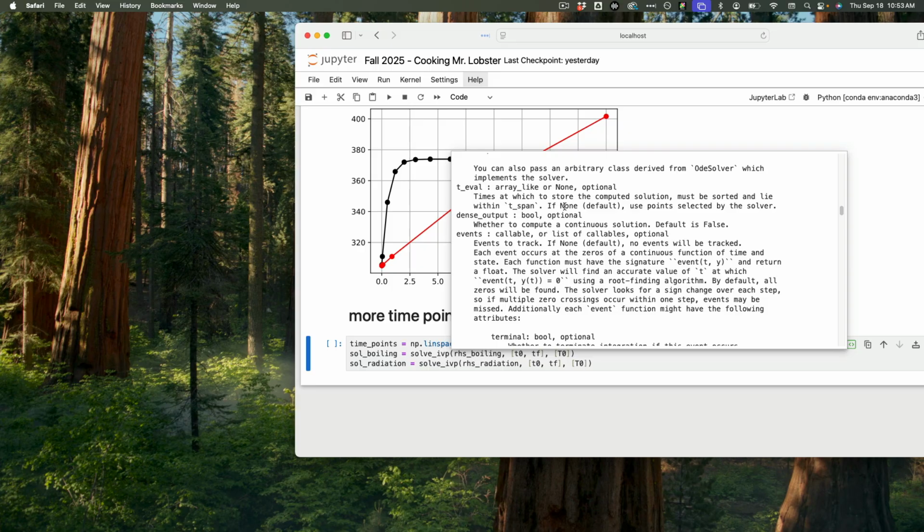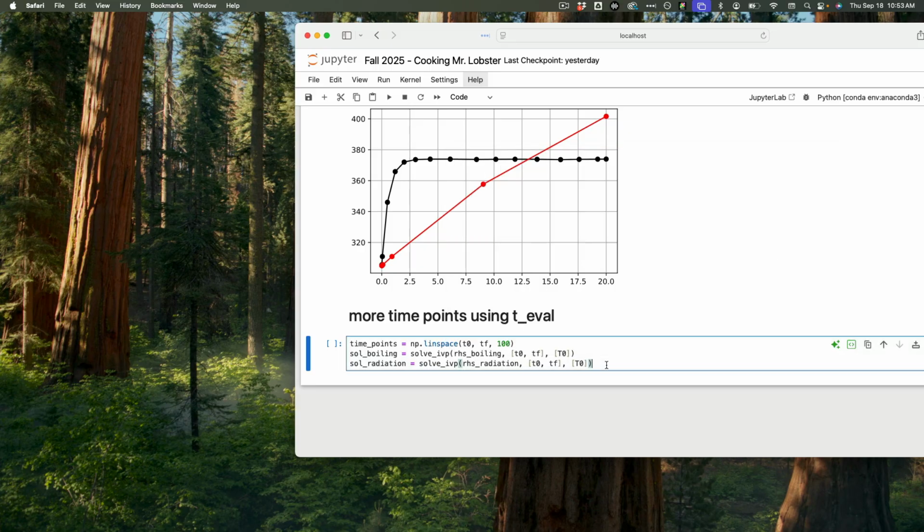So it could be a subset of t0 and t-final. But let's just take it from t0 to t-final. And what we will do here is t-eval equal time points.